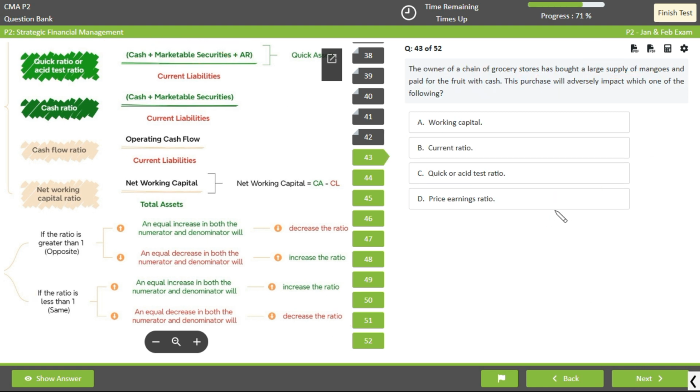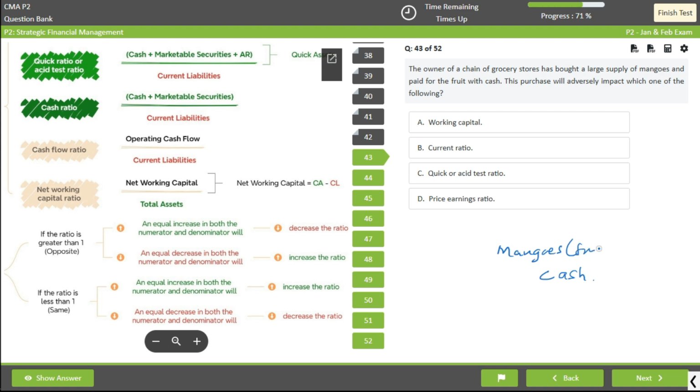Next, the owner of a chain of grocery stores has bought a large supply of mangoes and paid for the fruit with cash. The purchase will adversely impact which one of the following? So what they have done, the merchandiser has purchased mangoes, the fruit, and they have paid for it with cash.